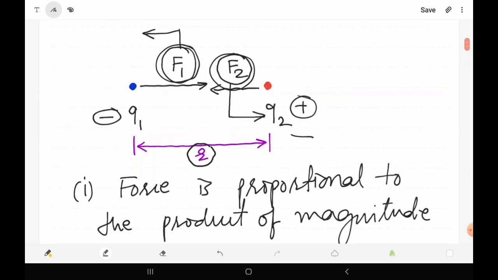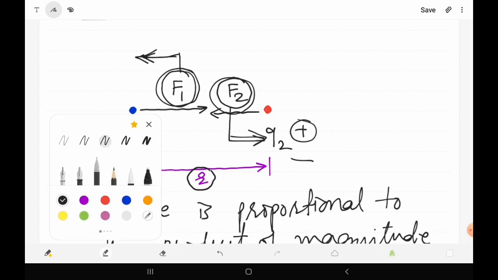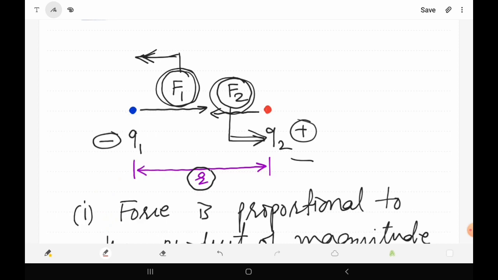Fourth point, let us consider. The directions of the forces are always opposite to one another, but force F1 and force F2 always act along the line joining the two charges. Meaning if we join the two charges by a straight line, then the direction of F1 and the direction of F2 are always along the line joining the two charges q1 and q2.